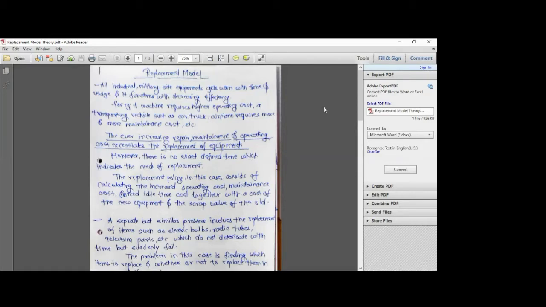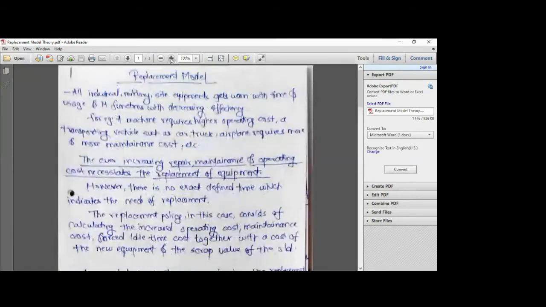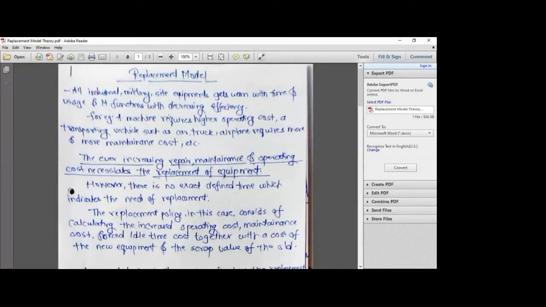It is very important to understand why we are going to this replacement model. As you know, there are different kinds of machines that we normally use. Even in industries, there are various machines. For military purposes also, a lot of equipment is being used.